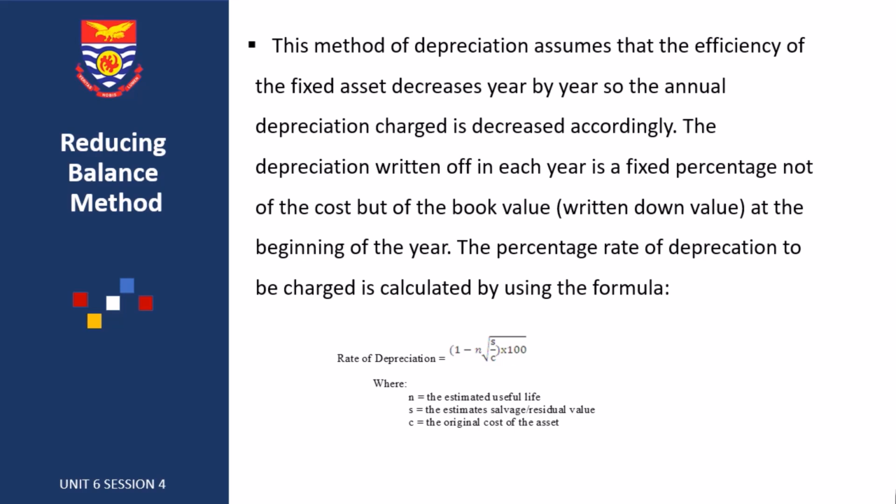The percentage rate of depreciation to be charged is calculated using the formula: rate of depreciation equals 1 minus the root of the number of estimated useful life, then the estimated salvage value divided by the cost of the asset, times 100.